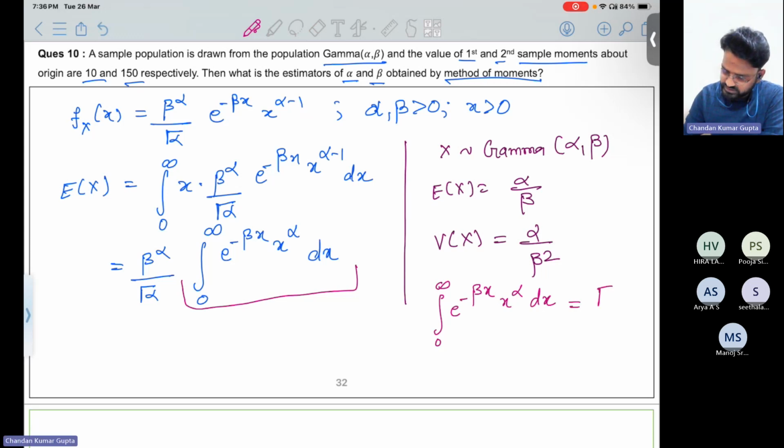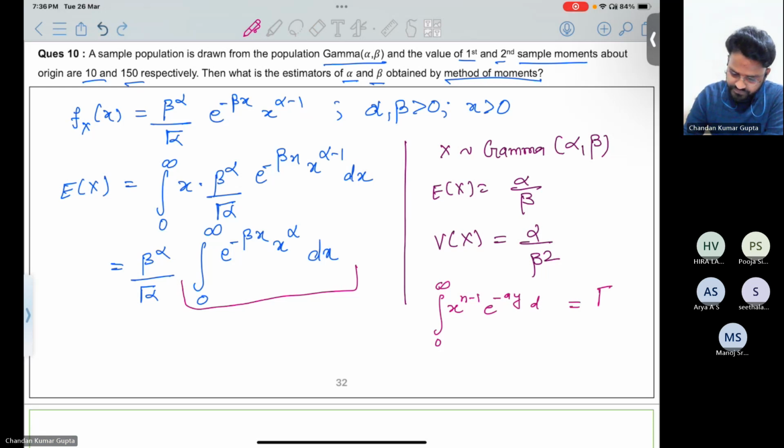Let me first write the general version: the integral of x to the power n minus 1, e to the power minus a x, is gamma n upon a to the power n.